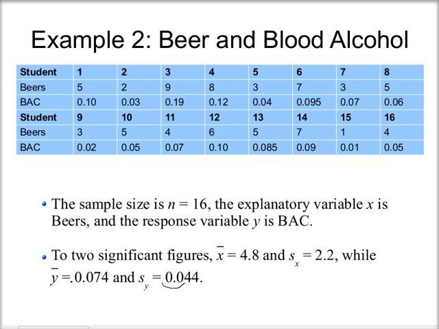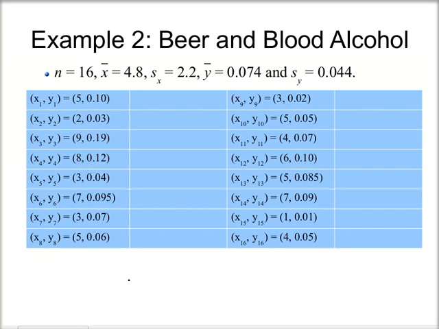Same thing if you look for the mean of y, I've got 2 leading zeros, and after that I have 2 digits. So we've got the number of individuals n, we've got the mean of the x values, the standard deviation of the x values, the mean of the y values, and the standard deviation of the y values.